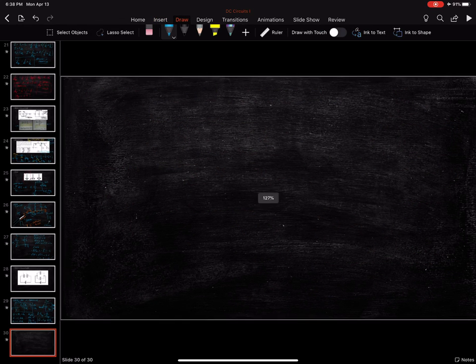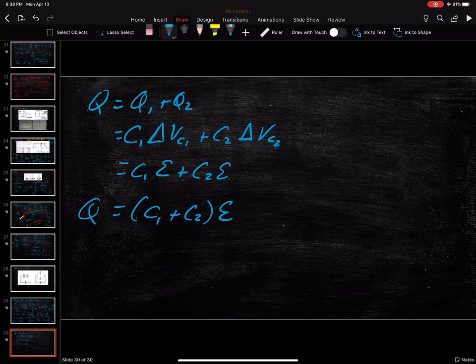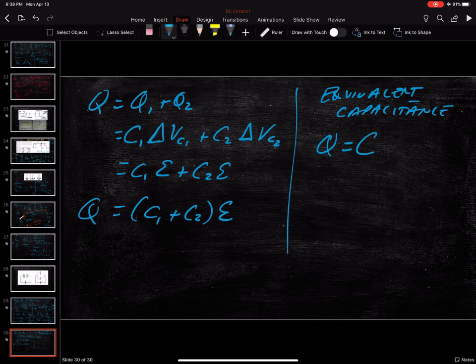And so what do I find? That my Q should be equal to Q1 plus Q2, and Q should be C1 times delta V C1 plus C2 times delta V C2, but that's C1 E plus C2 E, and that's C1 plus C2 times E, and that should be Q. But from my equivalent capacitance, I found that Q was equal to C equivalent times delta V C equivalent, which is also equal to E. And so this is C equivalent times E, but it's the same voltage in both cases.